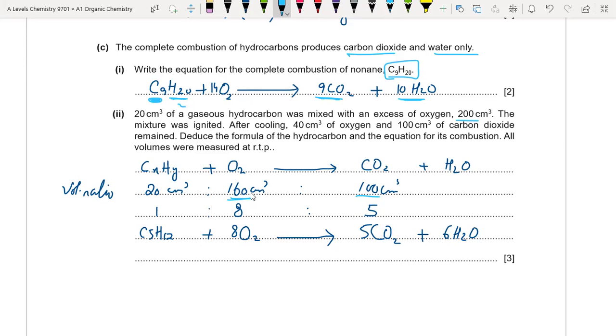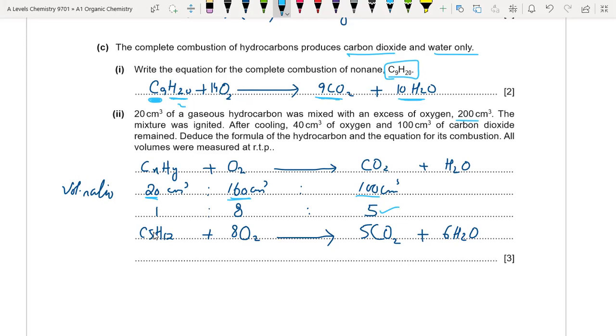Out of 200, 160 cubic centimeters of oxygen was used up and 40 was left. So we will calculate the ratios of these three by dividing by 20. This will become 1, this will become 8, and this will become 5.